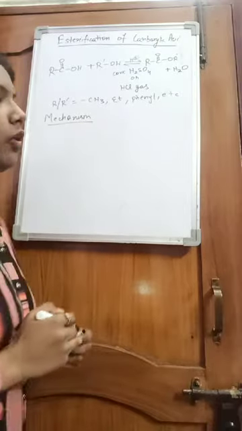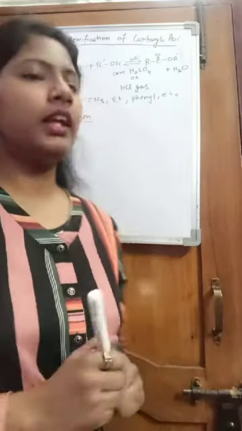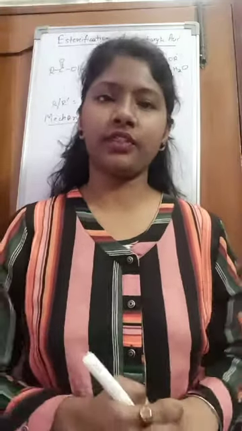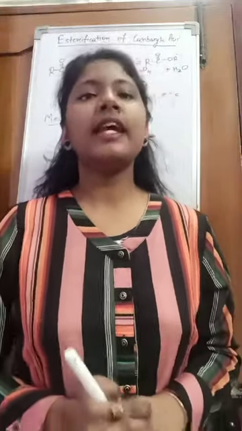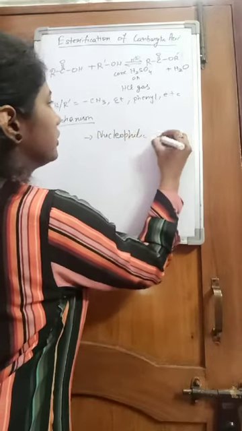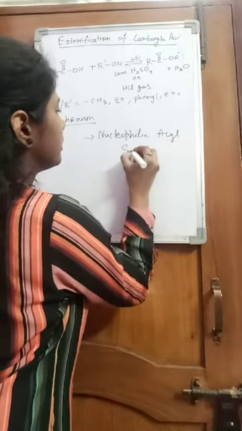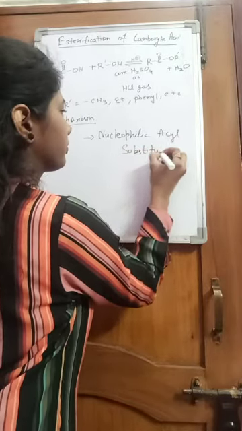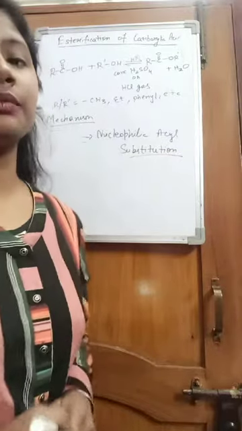Before we proceed to the mechanism, we need to know what kind of reaction esterification is. Esterification is a nucleophilic acyl substitution. What is the meaning of nucleophilic acyl substitution? It means a nucleophile is going to attack the carbonyl carbon.